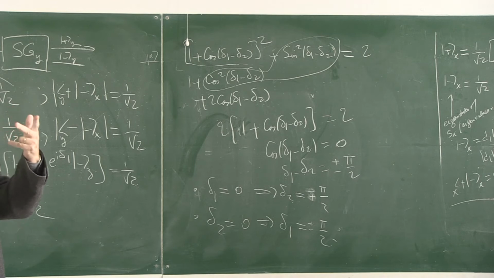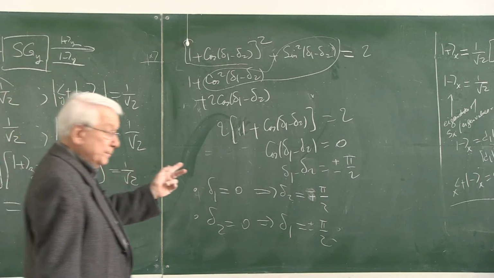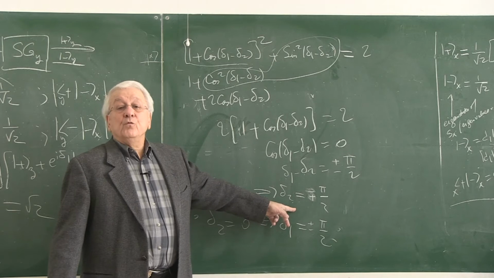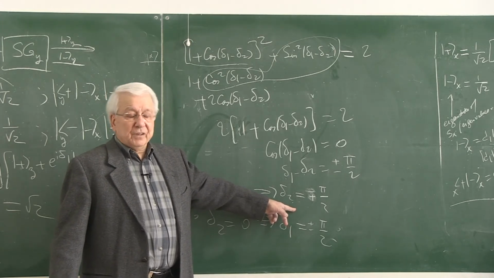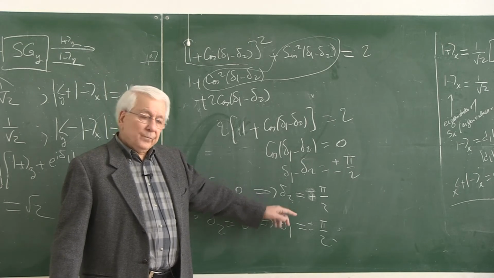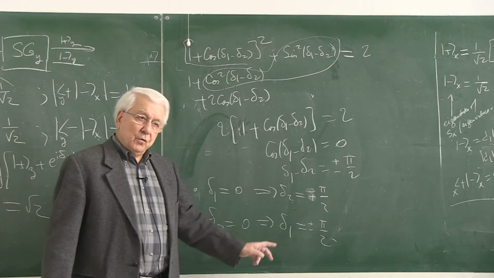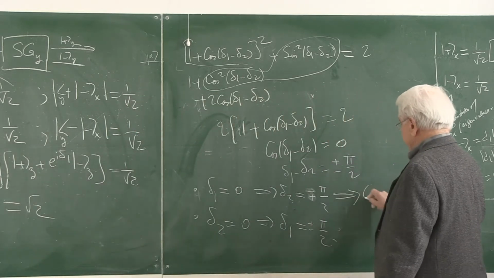The eigenvectors of plus and minus x are chosen to be real. That's the first option. Then the eigenvectors of Sy come out to be complex, that is, with imaginary parts included. This would be the opposite option, but this is historically the one which is chosen. Therefore, choose this.